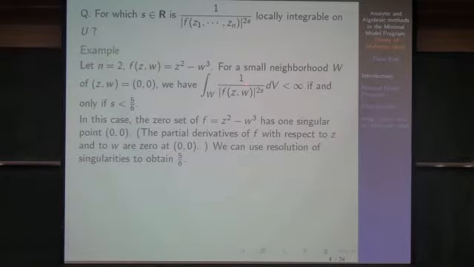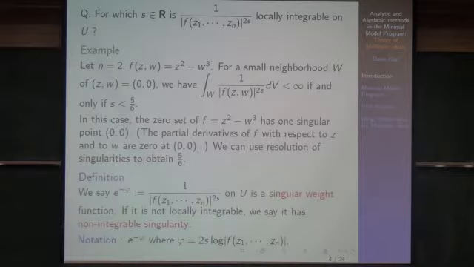So now we want to give a name for this kind of real valued function. We want to call it a singular weight. It's singular in the sense that when f is 0, this function is infinite at those points. And in particular, for some given value of s, when this is not locally integrable, we want to say it has non-integrable singularity.